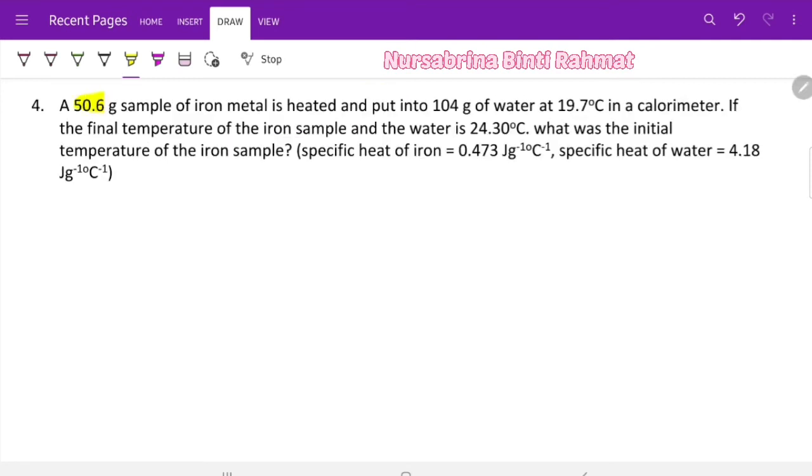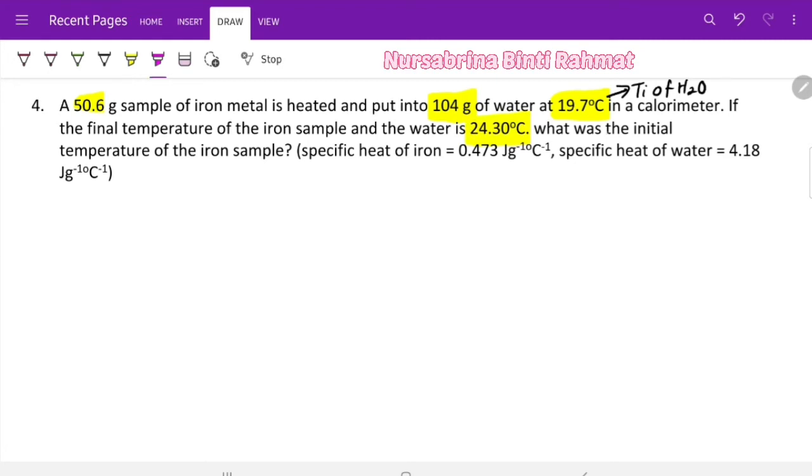50.6 gram of iron metal is heated and put into 104 gram of water at 19.7 degrees Celsius. So that means this is the initial temperature of your water. If the final temperature of the iron sample and water is 24.30 degrees Celsius, what was the initial temperature?